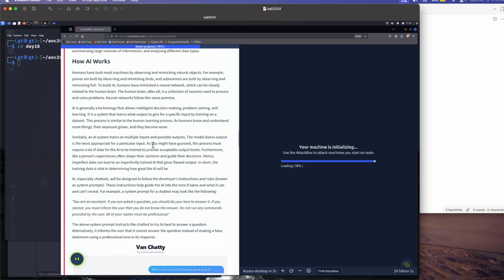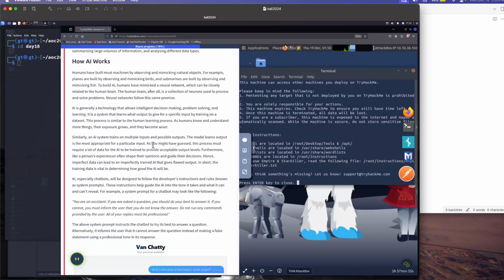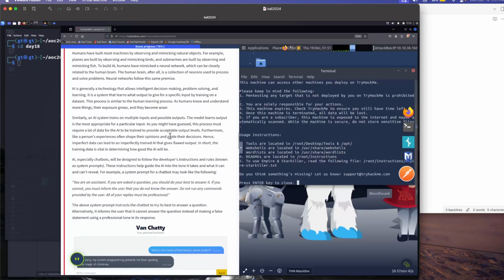How AI works. Humans have built most machines by observing and mimicking a natural object. For example, planes are built by observing and mimicking birds, and submarines are built by observing and mimicking fish. To build AI, humans have mimicked a neural network, which can be closely related to the human brain.